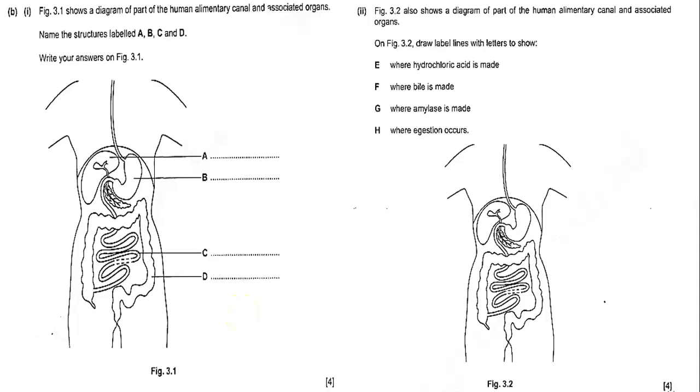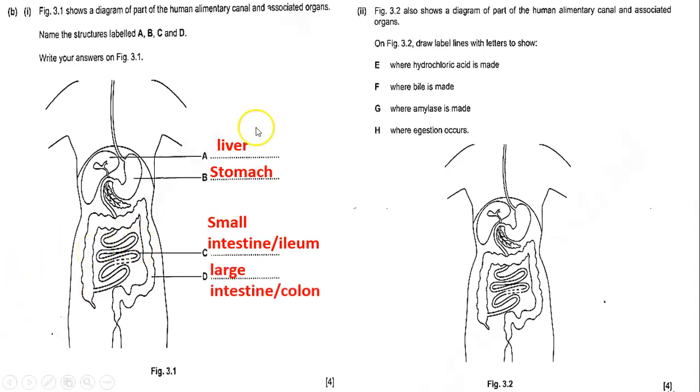If it gives you a different place to write the labels on, please make sure that you do so. So A is the liver, B is the stomach, C is the small intestine, or if you want to be more specific, this part is the ileum, and D is the large intestine or the colon.